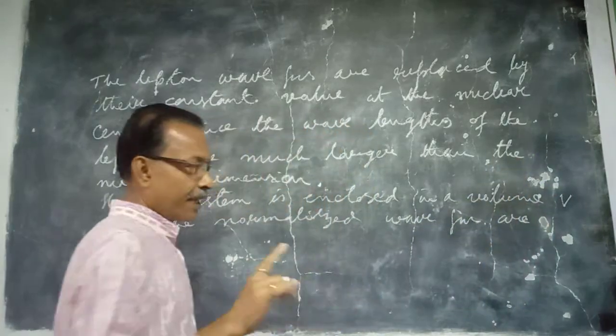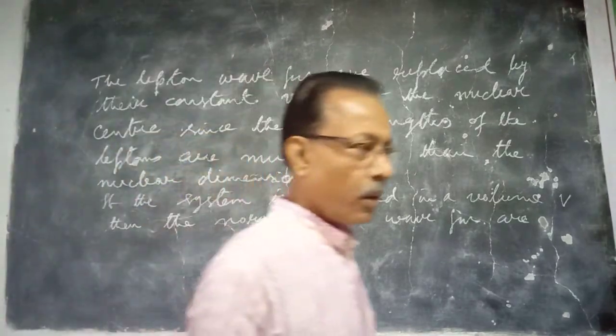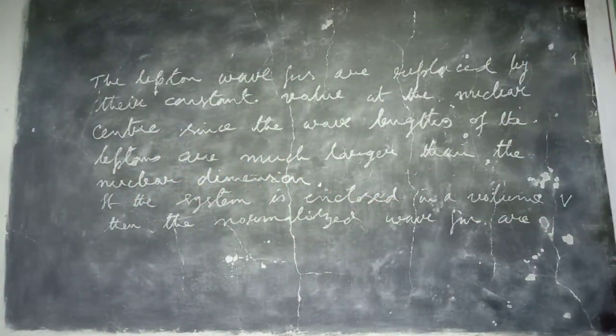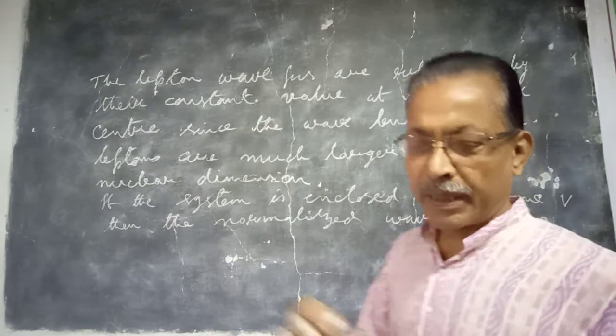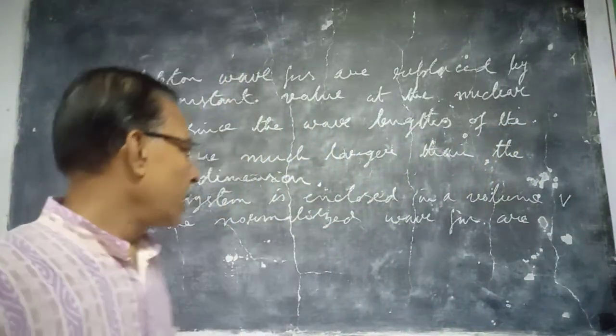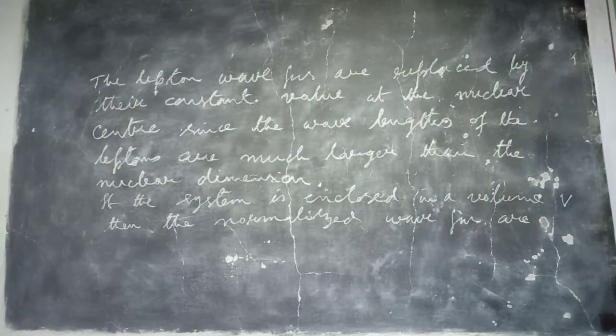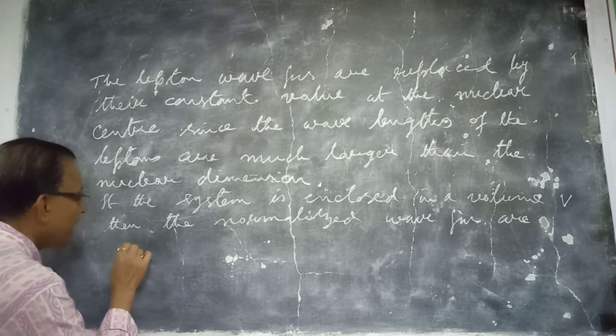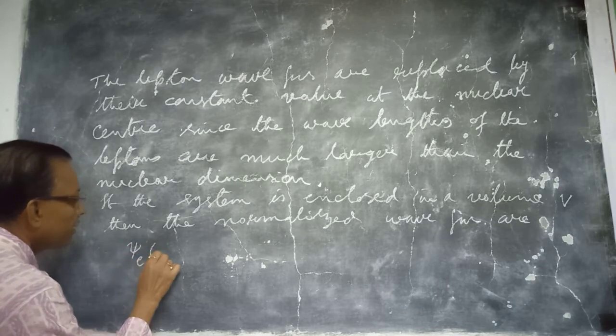We consider the electron and the antineutrino as free particle waves, because the energy is very small. So they are represented by a plane wave, and their wave functions are written as psi_e(r).